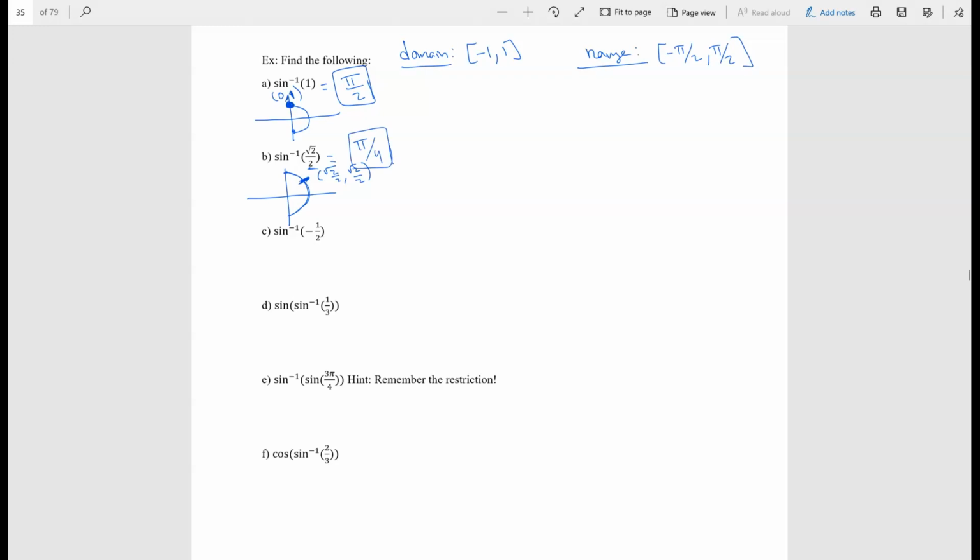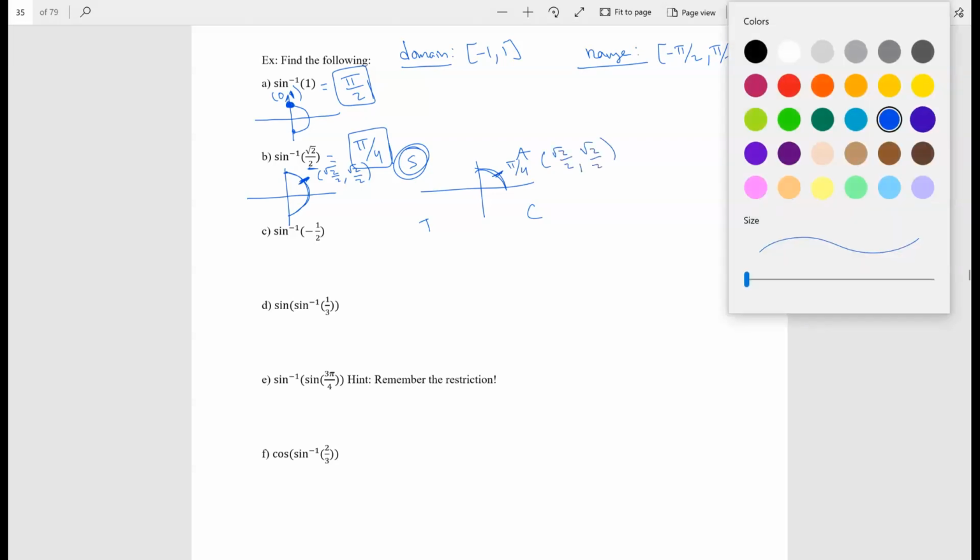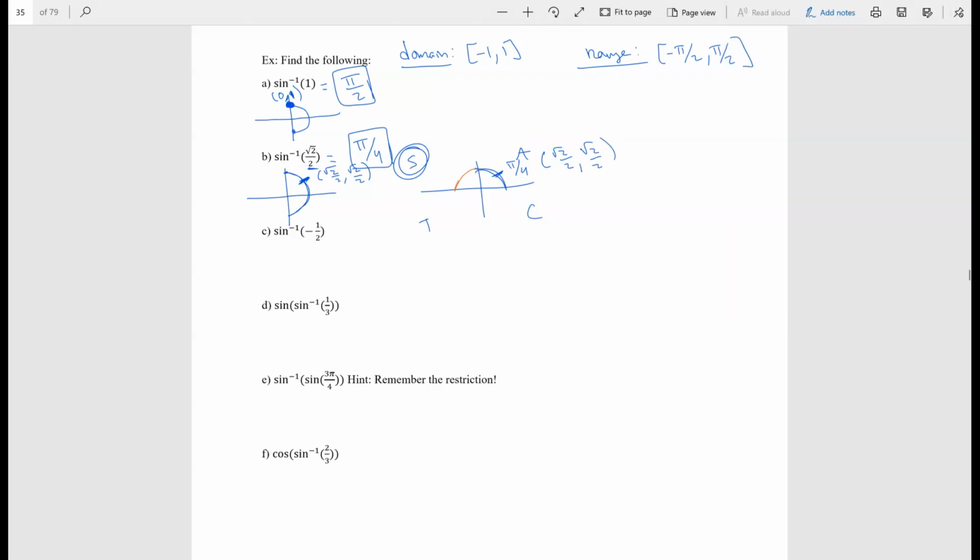Now remember, there is another angle where this sine is square root of 2/2. If you remember that you have All Students Take Calculus, sine is also positive here. So even though this guy is π/4 right here, in quadrant 2 you have another angle, where it's negative square root of 2/2, square root of 2/2.